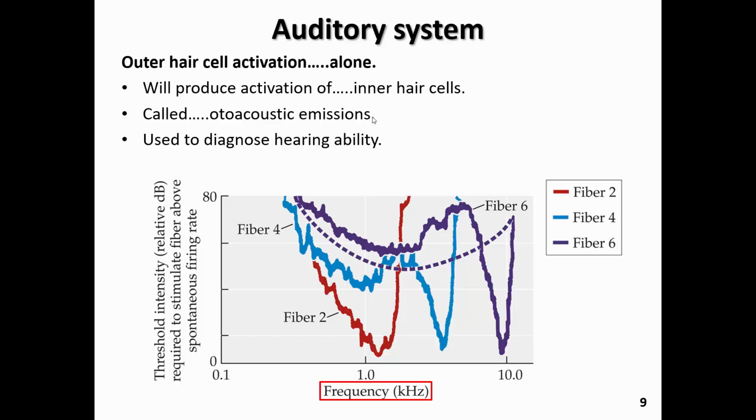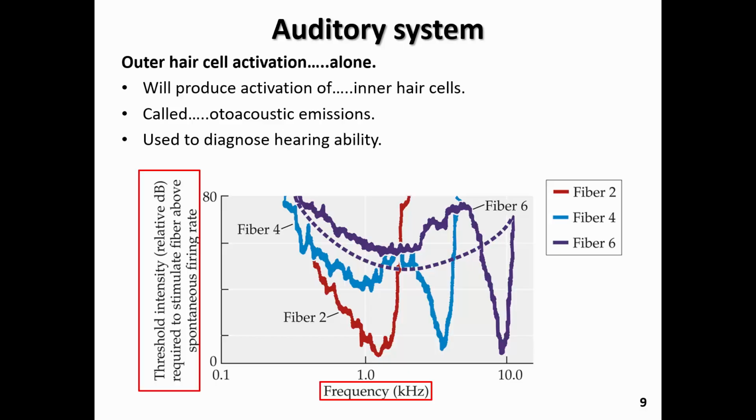And on the picture here, we'll illustrate the impact of the outer hair cell. So here we see a range of different frequencies. We've got three different fibers here, fiber 2, 4, and 6, color-coded. And so in the light blue, dark blue, and the red. And you can see that these three particular neurons are tuned to different frequencies. And so what we're tracking here is something we saw on slide number 7.